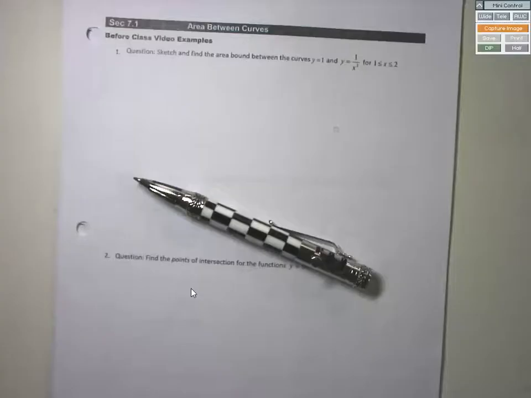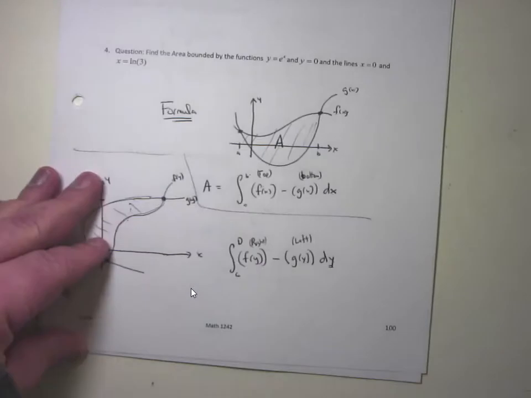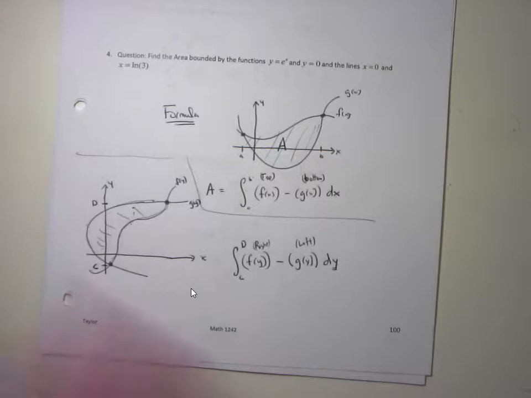All right. We just started and introduced the idea last time of area between two curves. So when I was talking to you guys about the ideas, there are 2 formulas that you're going to need to know for this particular section. And these formulas are going to come back and haunt you again when you get into Calculus 3 when we start doing multivariable stuff.